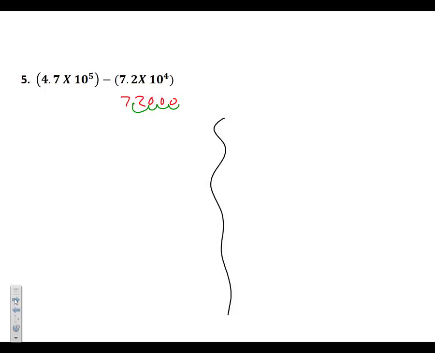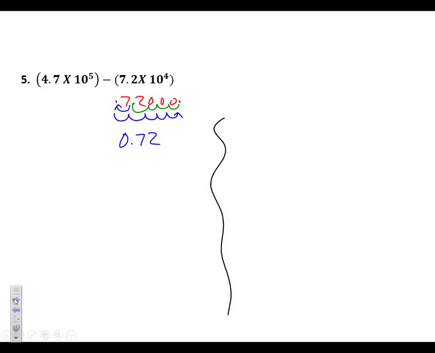But I don't want to move it 4. I want to move it 5. So I've got to move back 1 here and put the decimal here so I can go 1, 2, 3, 4, 5 and get it there. So this number becomes 0.72. I don't need all those other decimal places.